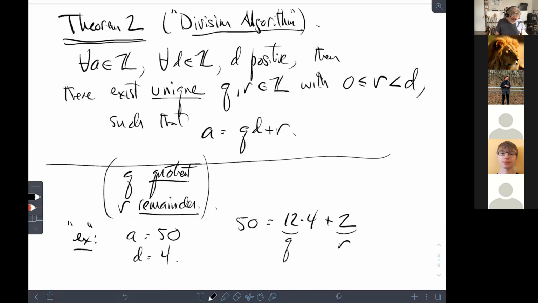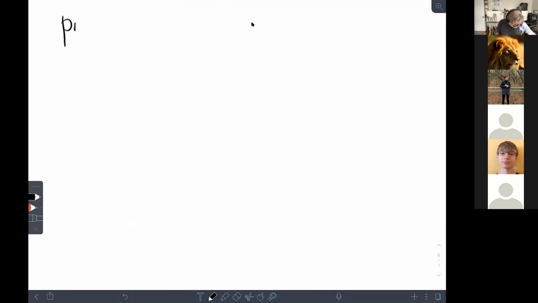Okay, so why is this true? Which is basically what I've been miming like this and explaining is sort of my proof. Okay, so here's my proof of the division algorithm.